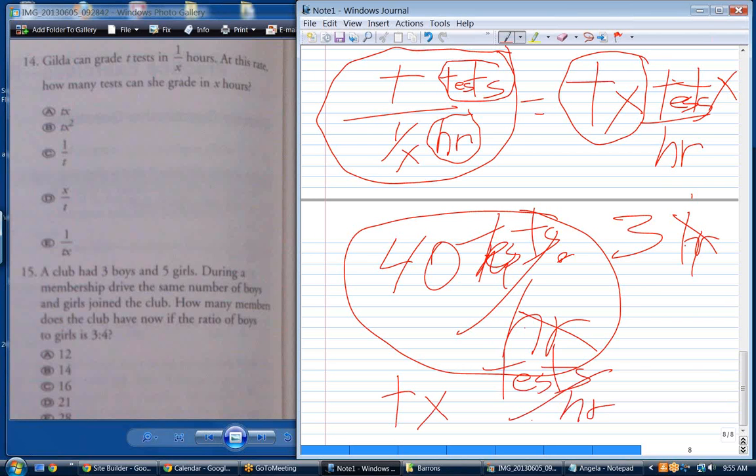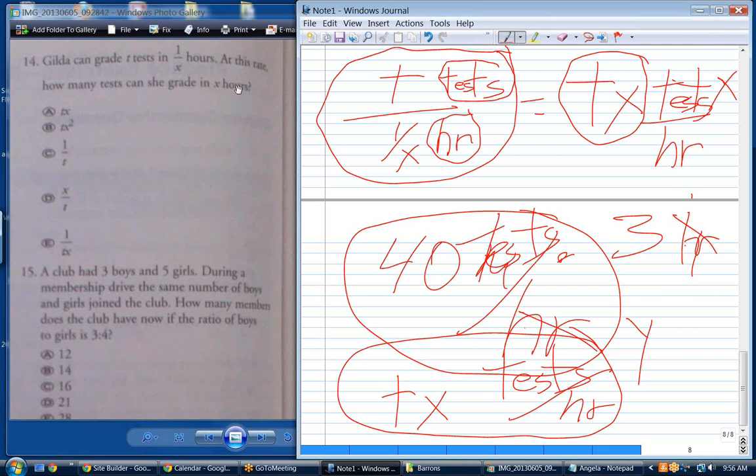Well, if I can do that rate, and I can do it for X hours, then I'm going to multiply Tx times X. If I said, how many could she grade in 10 hours, your answer would be 10Tx. If I said, how many could she grade in Y hours, your answer would be Tx times Y.